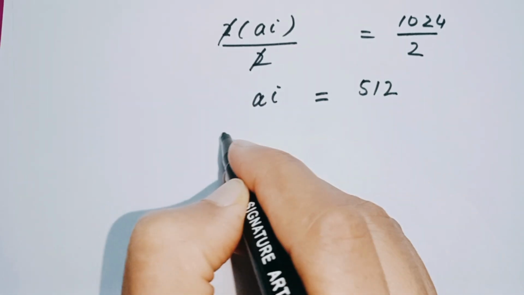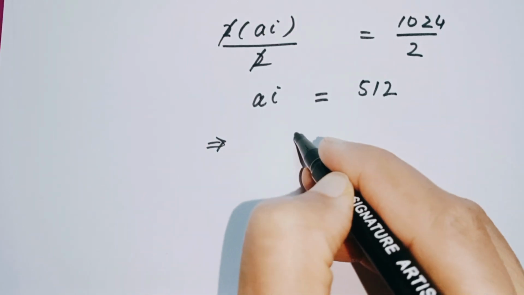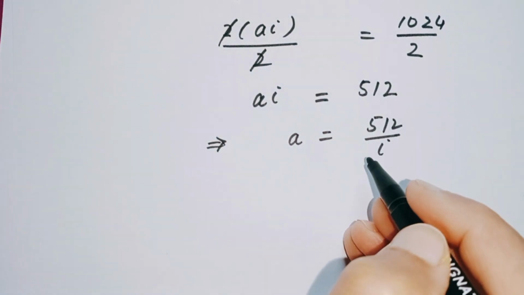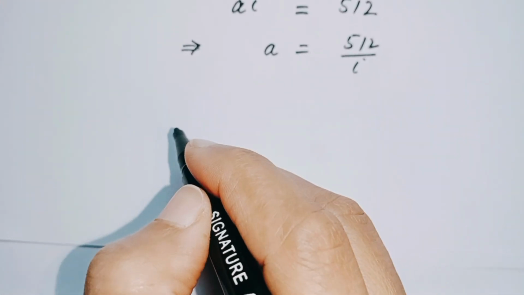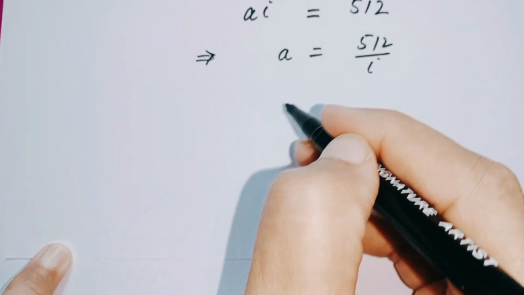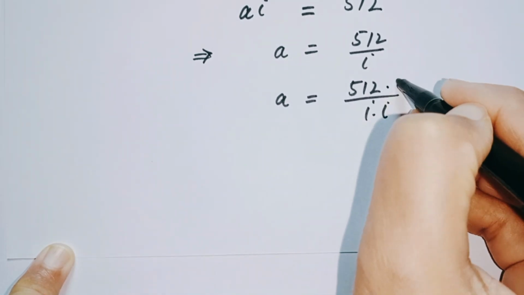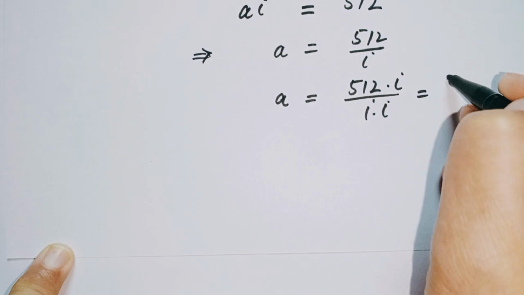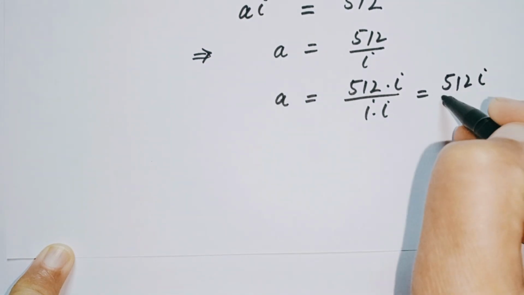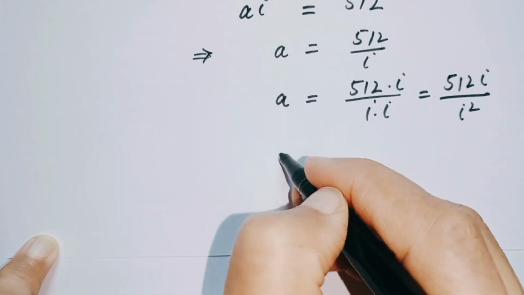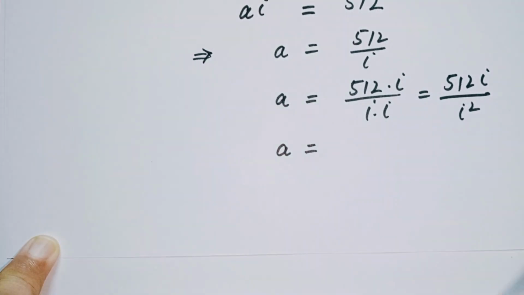So we will bring i to the right hand side. A is equal to 512 over i. So we can multiply and divide with i. So it will give us 512 i over i square. And we know that i square is equal to minus 1.